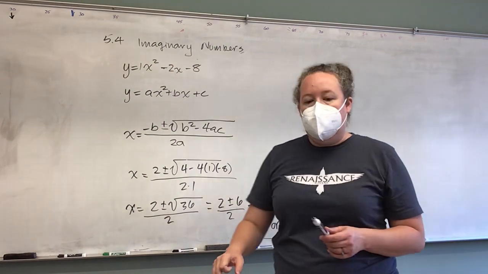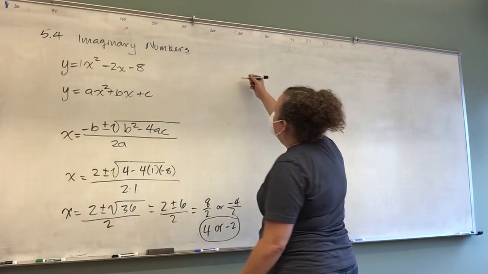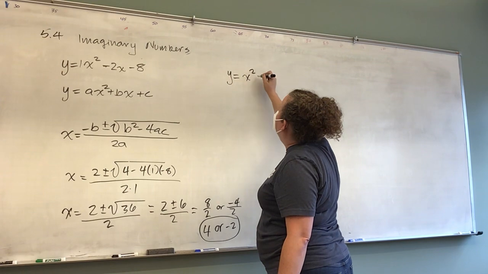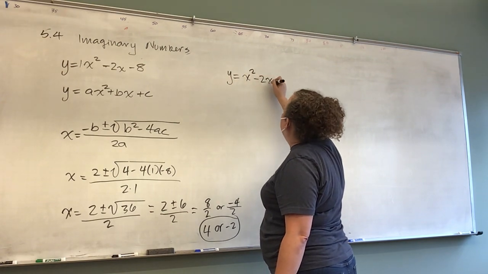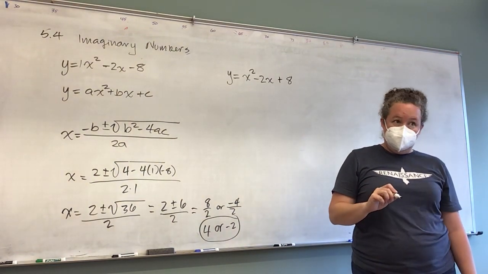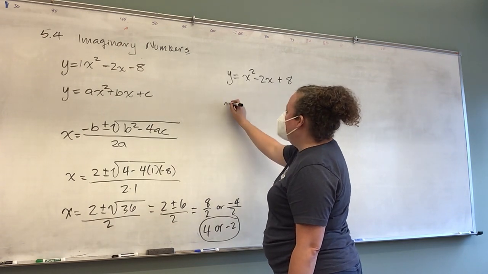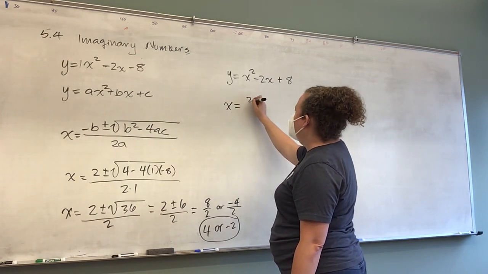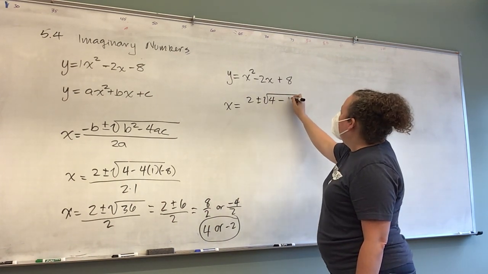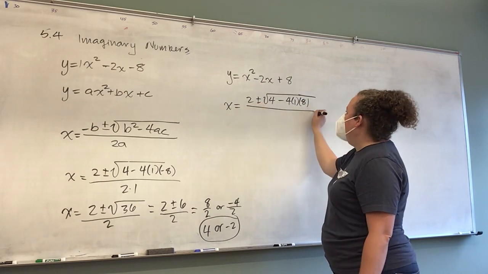So let's try this again. Let's say that our equation was y equals x squared minus 2x plus 8. This is going to start out really similar. It's going to be 2 plus or minus the square root of 4 minus 4 times 1 times positive 8 all over 2.